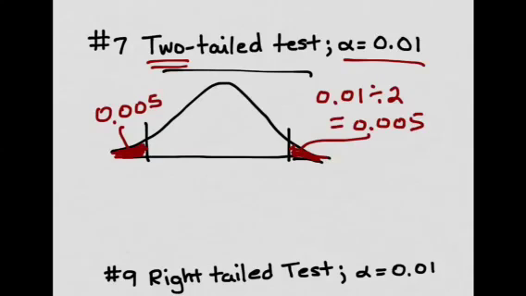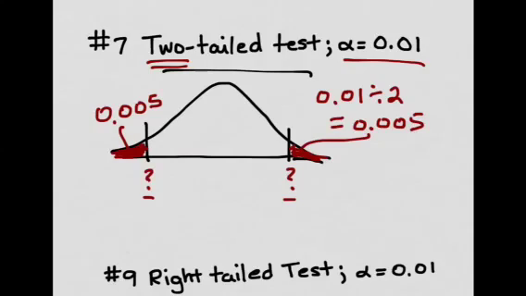So in the case of a two-tailed test, we're actually looking for two critical values. We want to know what value separates the bottom 0.005 from the rest of the graph, and then we want to know what value separates the top 0.005 from the rest of the graph. And these numbers will be the same in value. They're just going to be one positive and one negative.